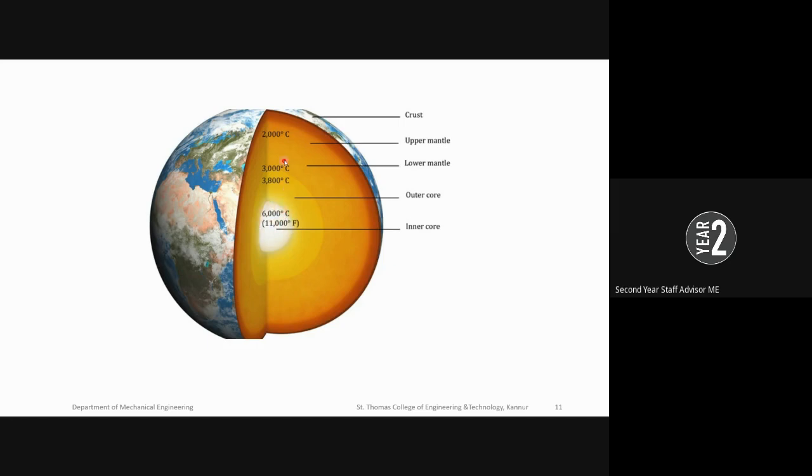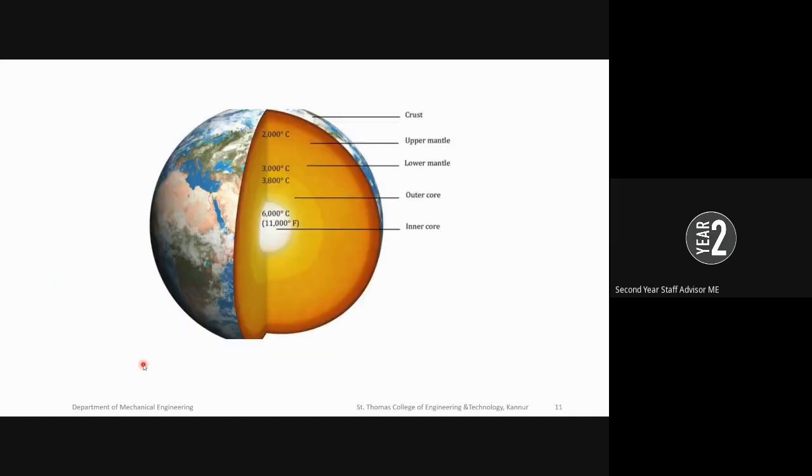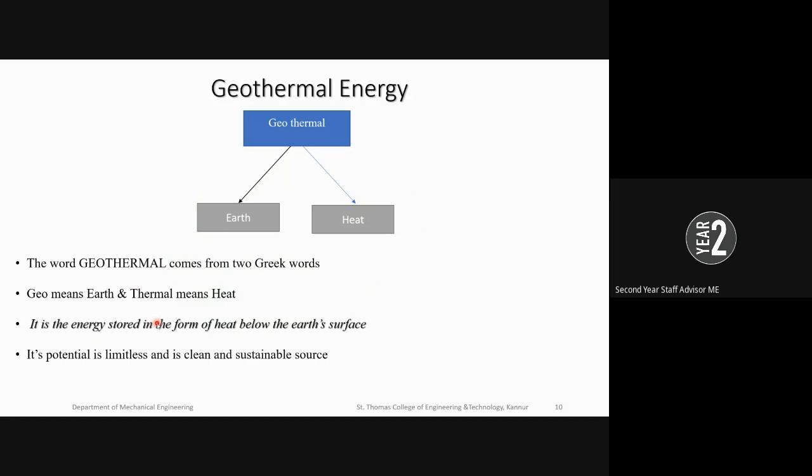While describing this thermal energy, you have to describe these words: where they are coming from and the meaning of that, the energy stored in the form of heat below the Earth's surface. And you have to understand that its potential is limitless. As I told, it is around 5000 times more than the energy we are consuming. And it is clean and sustainable.